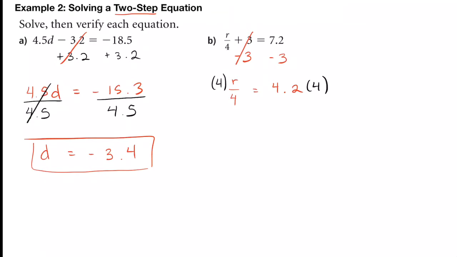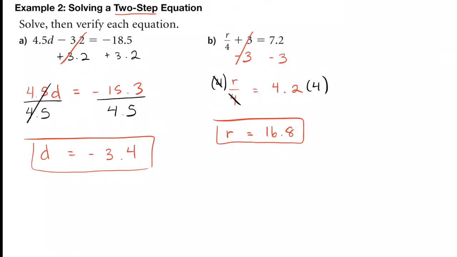Just put brackets and then multiply both sides by 4. So this 4 cancels out with the 4 in the bottom. And now I am left with my r by itself, which is what I want. I need to do 4.2 times 4, which is equal to 16.8. So there's the answer for that.